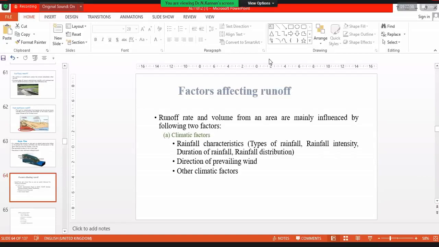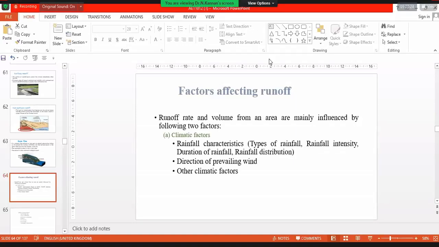Please, you know the difference between rainfall amount and rainfall intensity. What is the difference, Manashi? The water amount we get is the amount of rainfall. The intensity means the amount of rainfall in a particular time.